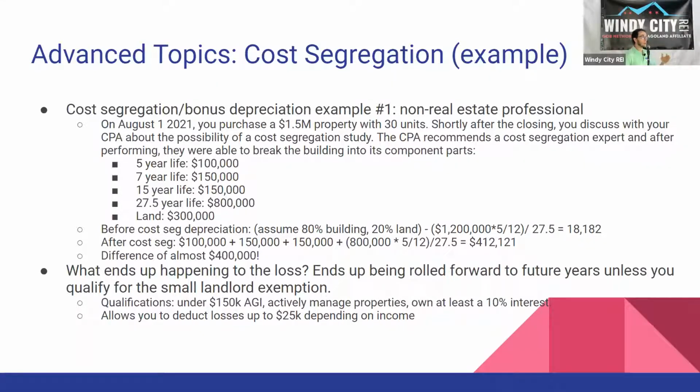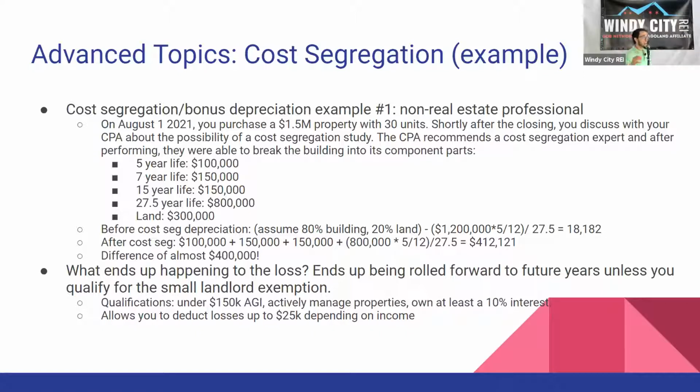And then land of 300,000 to round things out. So before cost segregation, assuming it's just 80% building, 20% land, it would just be that 1.2 million, which is the 1.5 million less the 300,000, multiplied by the 5 months that you could depreciate it over, divided by 12, which is the number of months, and then over its useful life, and you would get $18,000 of benefit basically.